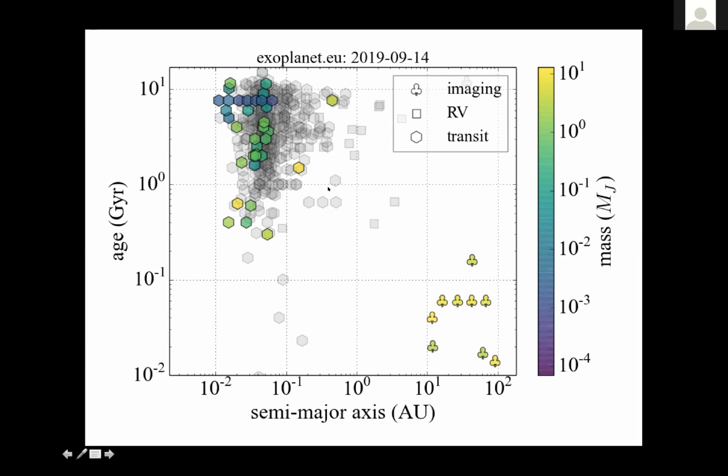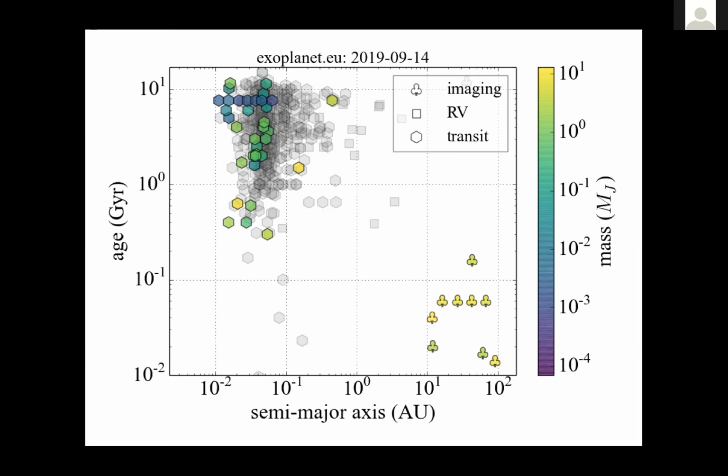Again, just showing that these are complementary methods, but what's nice about direct imaging is that, at least now with current instruments, when you can detect an image, you can also detect a spectrum.